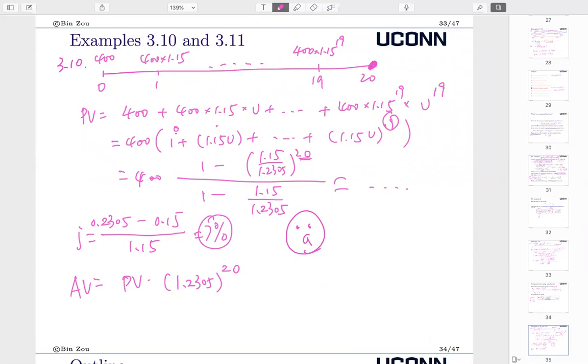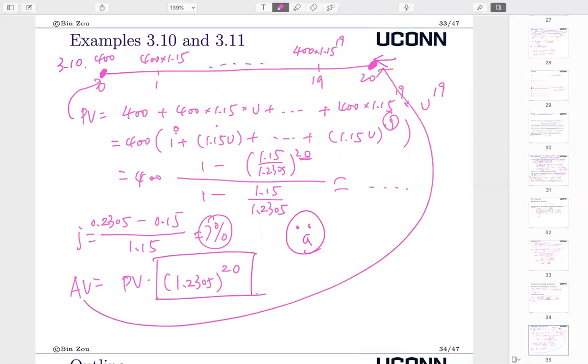So although the last payment is made at time 19, the end of this annuity is actually at 20. And for present value, it's always the beginning of the annuity, in this case time 0. So PV is at time 0, AV is at time 20. That is why I need to accumulate for 20 years, not 19.